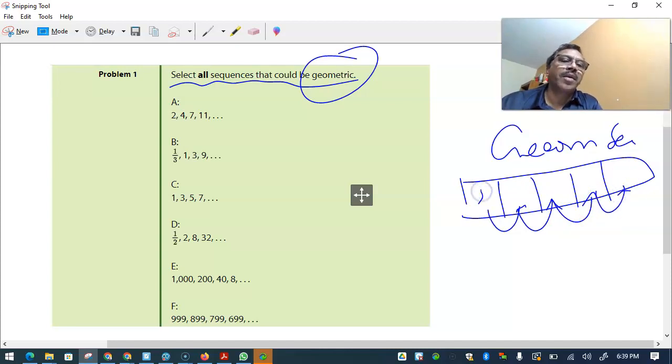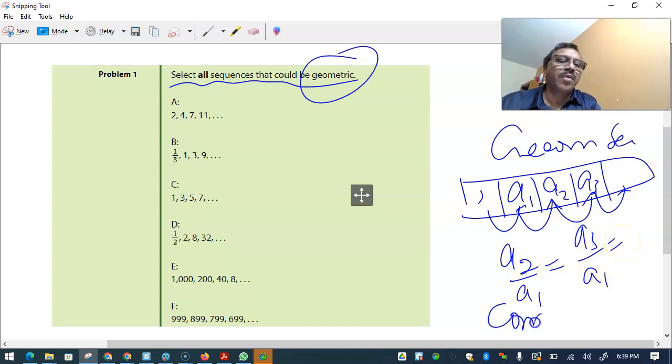Or remember, if this is A1 and this is A2, then A2 divided by A1 should be equal to the other ratio, A3 divided by A2. So every time you get a common ratio, which is R, that's what we want to know here. Do you have that here?